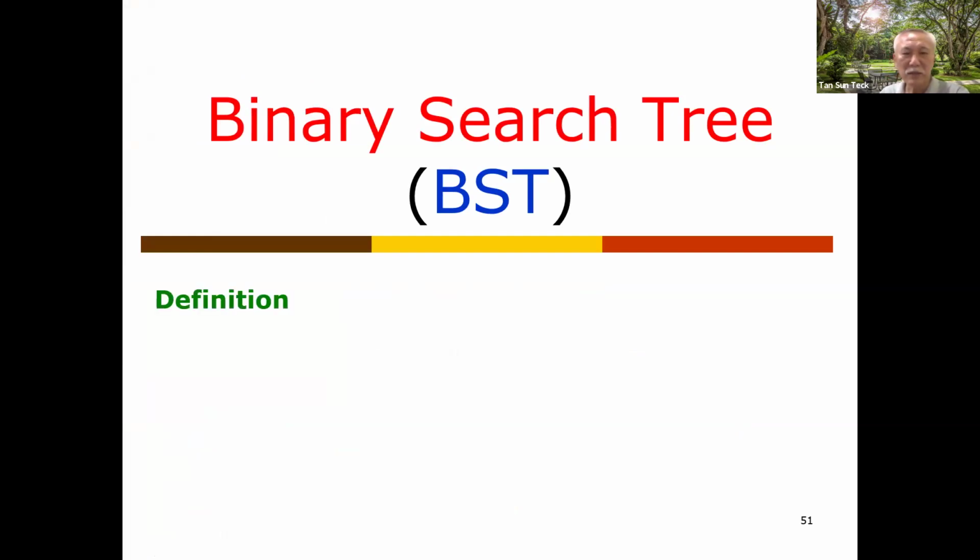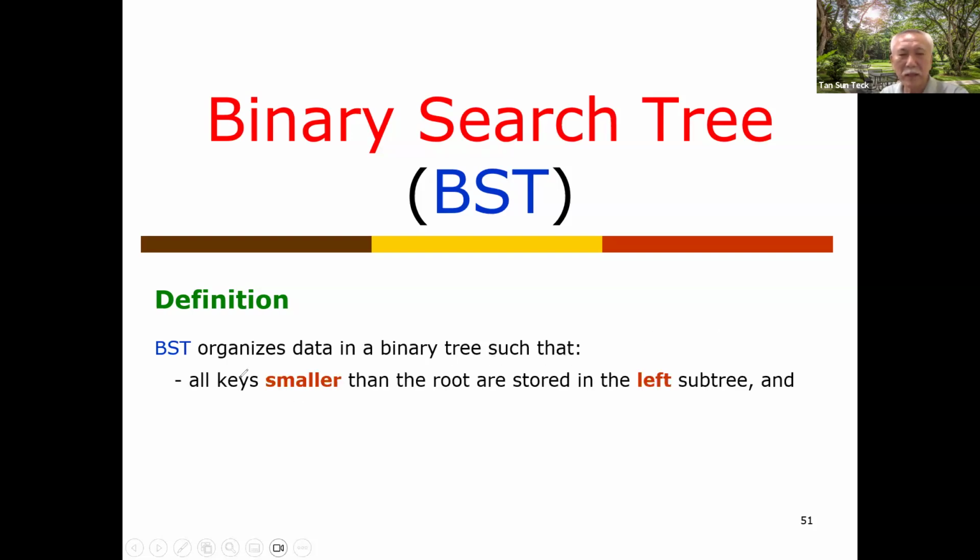So the definition is this. A BST organizes data in a binary tree such that all keys smaller than the root node are stored in the left subtree. What it means is, say the root node is 10: any value smaller than 10 will be in the left subtree.